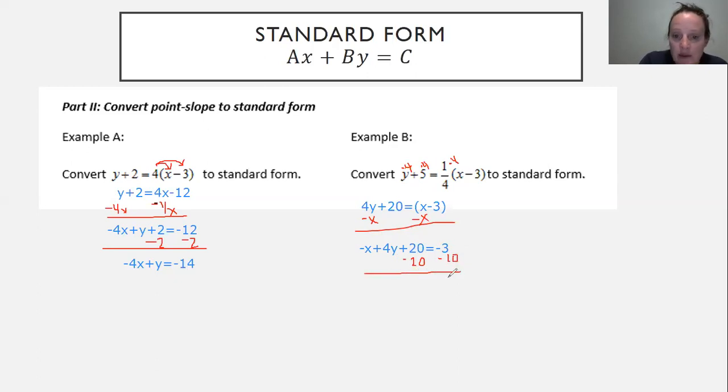And what happens when I subtract 20? Well, I still have my negative x, I still have my positive 4y, but on this side I get negative 23. And that's standard form. That's what it looks like: all the x's and y's on one side, a number on the other. Looks pretty helpful. I'll let you guys be the judge of that.